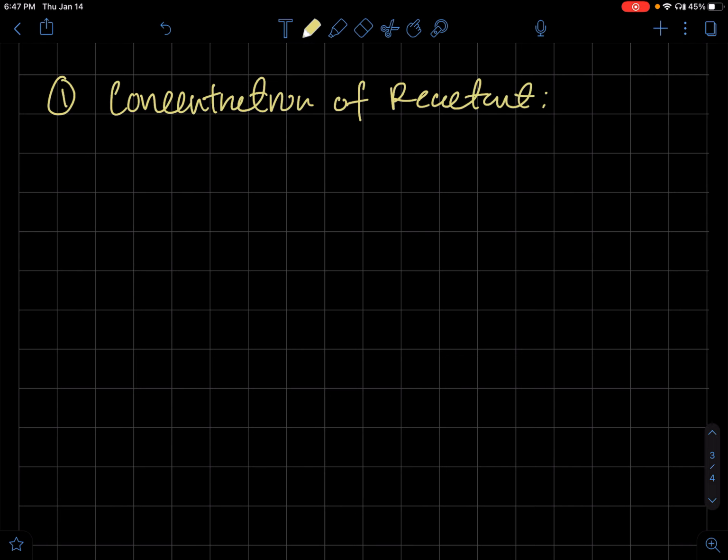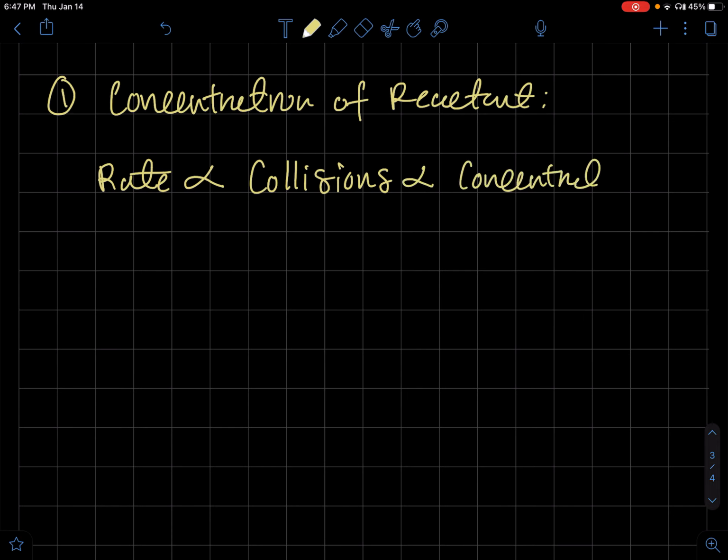So the rate is proportional to the number of collisions, which is directly related to the concentration as well. So the collisions increase with the concentration, which increases the rate.